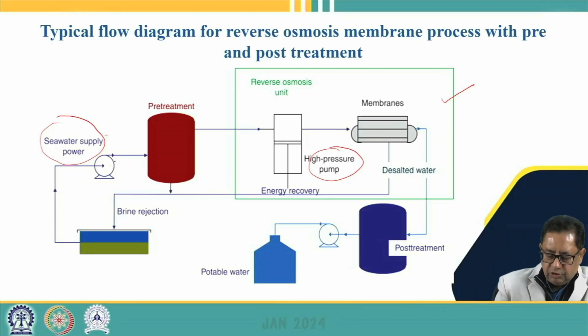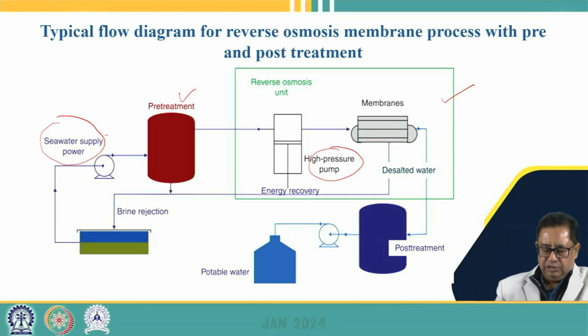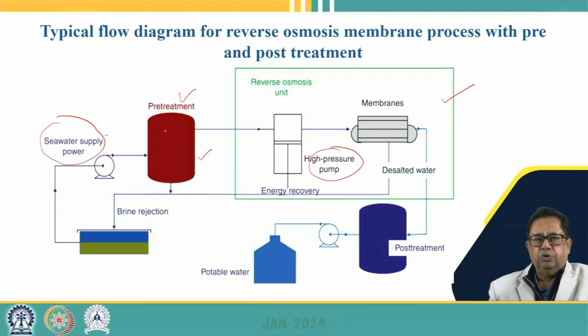The seawater is taken to a pre-treatment tank where suspended solids and high amounts of TDS may be removed by certain processes, so that the water applied is already treated. This may enhance the life of the membrane and also reduce the cost, because membranes are fouled very often, and then the cost of treatment will increase manifold.